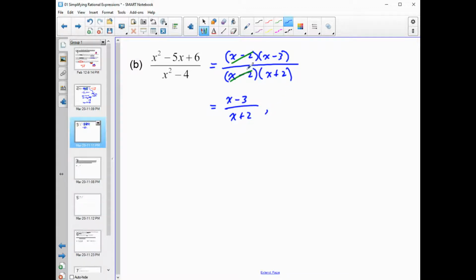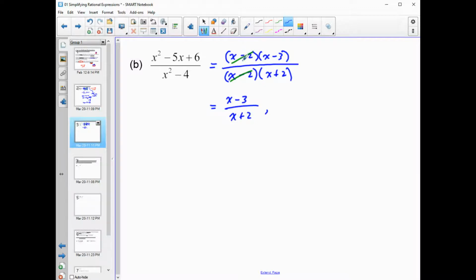Now, here's where I'm going to start to get very picky and very precise about restrictions. In this final form, x plus 2 is clearly visible. So if you understand restrictions, seeing this x plus 2 in the denominator should tell you that x is not allowed to be negative 2.